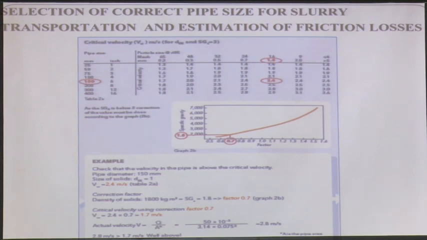So, to avoid that some methods are considered. This is one of the methods, the critical velocity method. You pick up a critical velocity, then you check the actual and decide the pipe size. Okay.